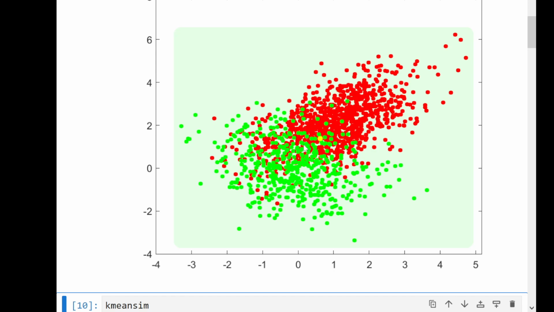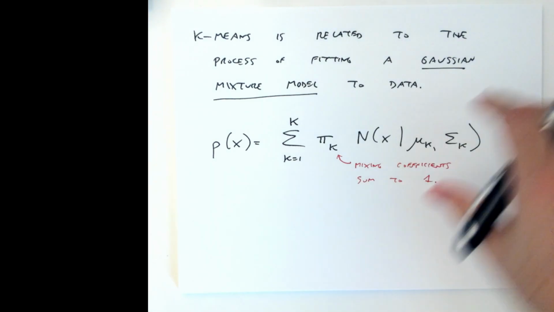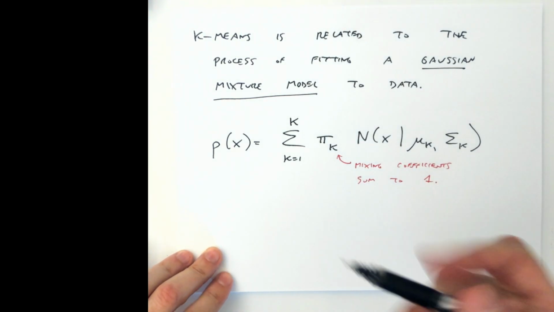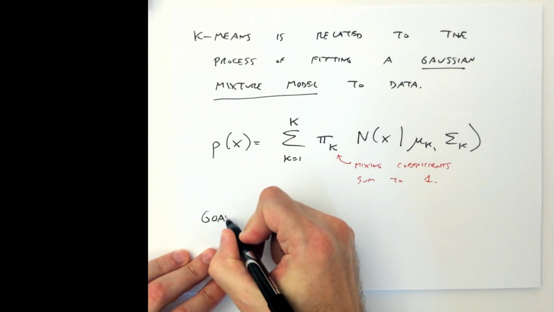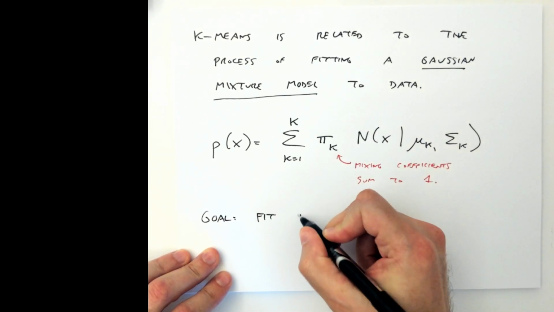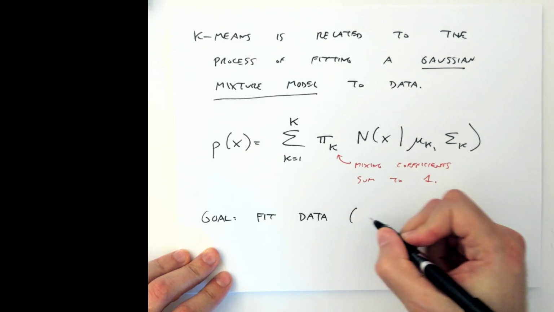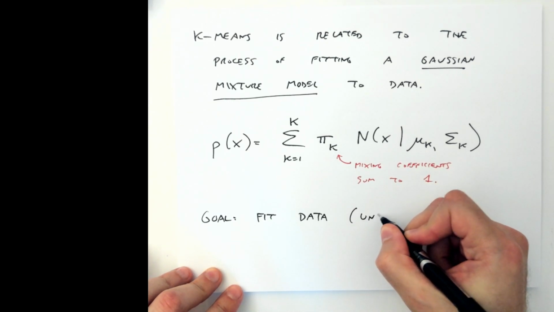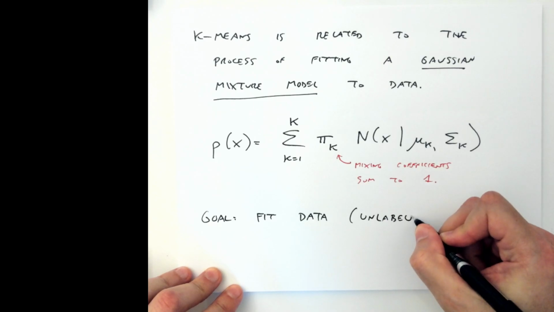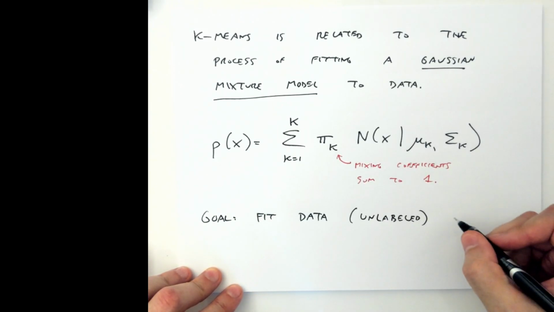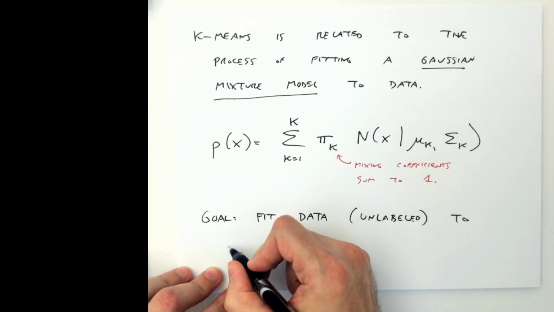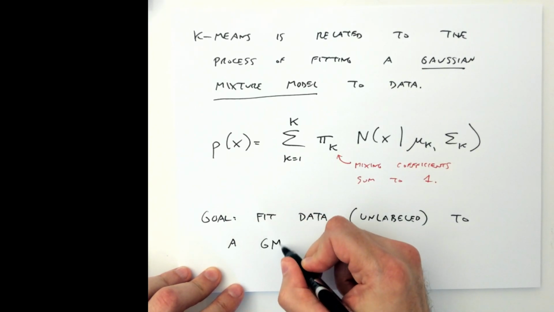So let's go back to the notes here. So the idea is to fit data, again, this is unlabeled data, so it's an unsupervised problem, to a Gaussian mixture model.